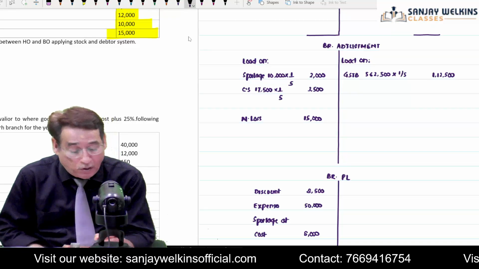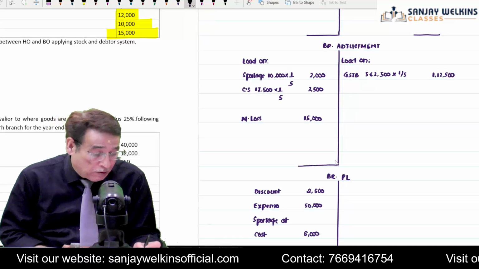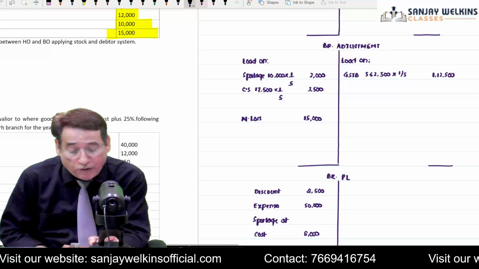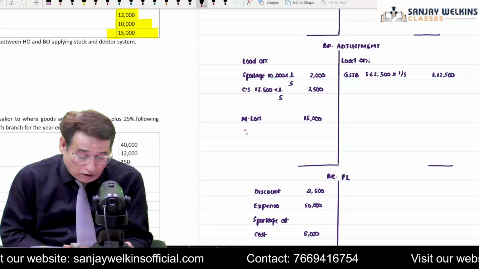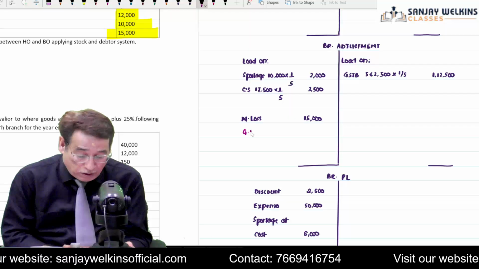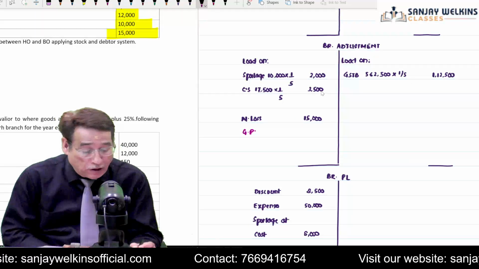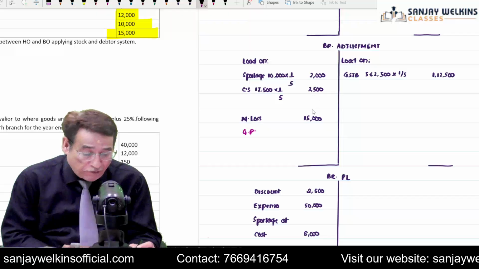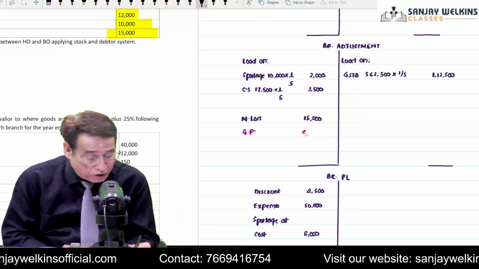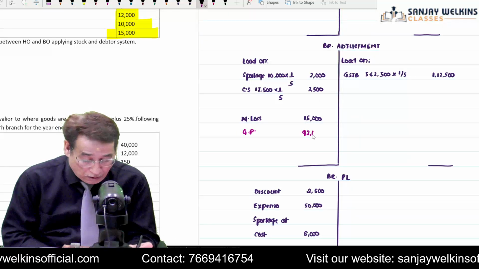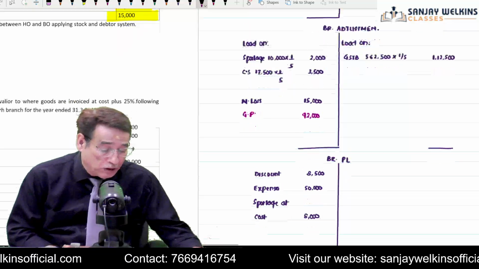3,500 will be your loading. Then you will tally out branch adjustment account to find out your gross profit. Your gross profit in this particular case will be 1,12,500 minus 5,500 minus 15,000. It must be equal to 92,000. So gross profit will be 92,000.